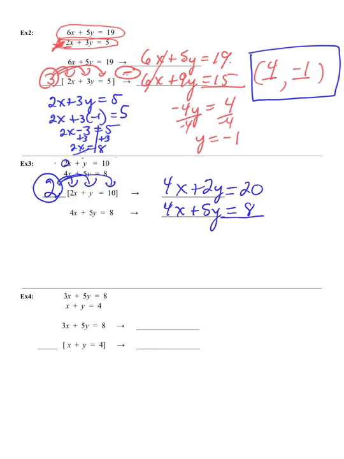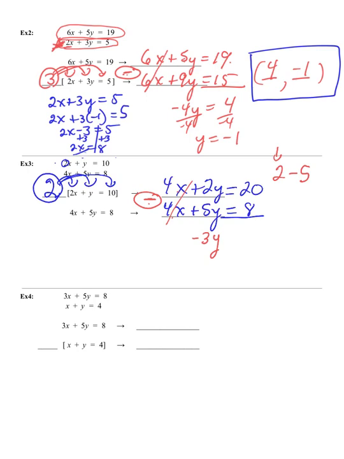Okay, now, can I add or subtract? I can subtract to wipe out the x's, okay? So 4x minus 4x is 0, so they eliminate themselves. 2y minus 5y is negative 3y. If you want to look at that, just keep, change, opposite, right?